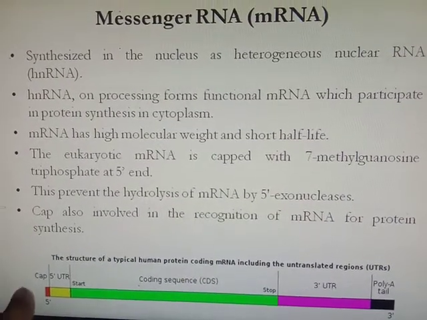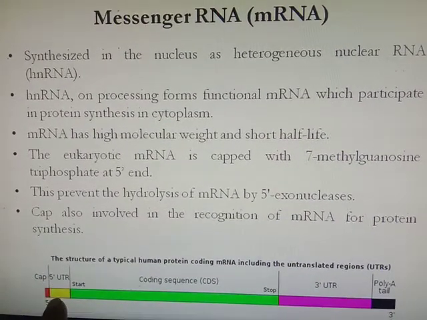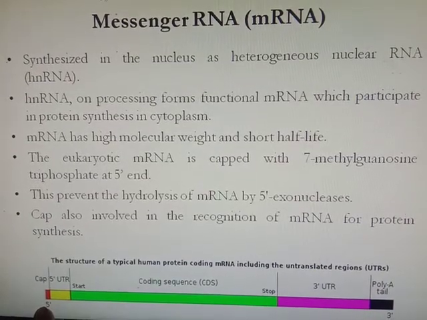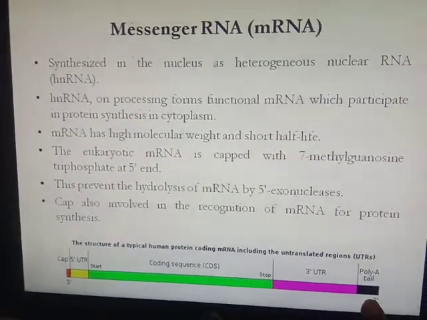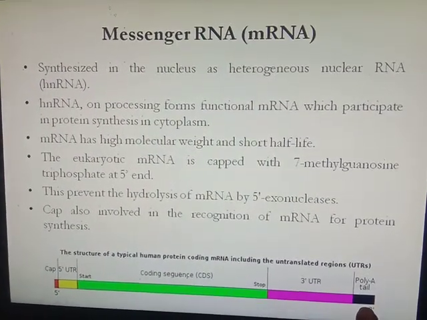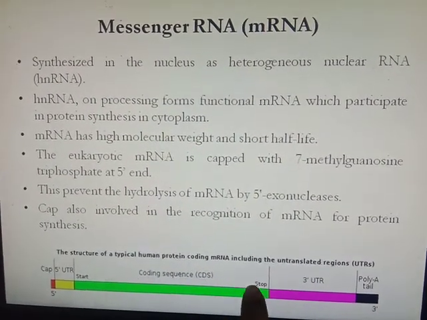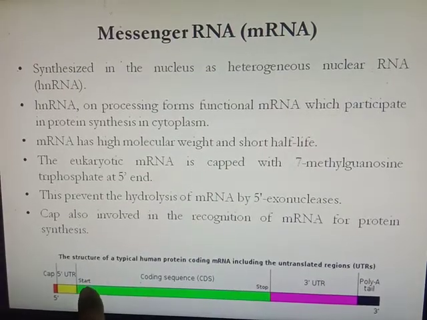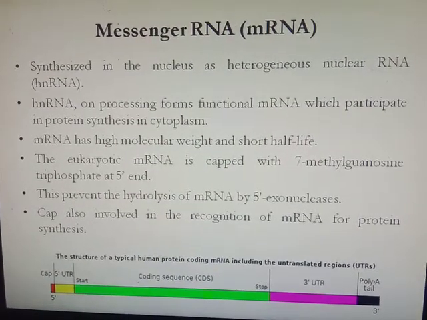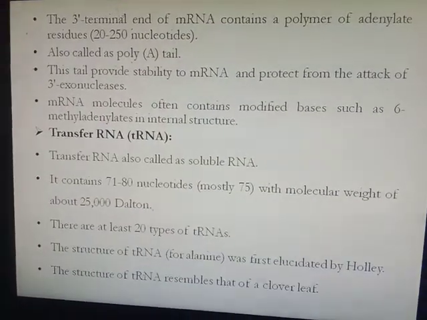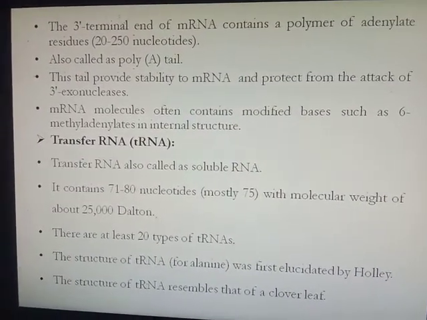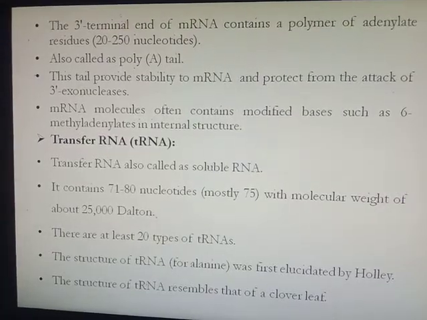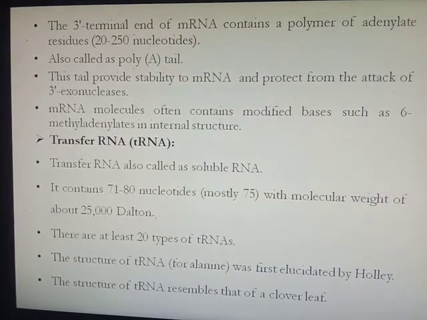So here at the 5' end there is a cap of 7-methylguanosine, and at the 3' end there is a poly A tail, means a number of adenine nucleotides are present. In between there is a codon sequence, from start to stop codon. The 3' terminal end of mRNA contains a polymer of adenylate residues, in the range of 20 to 250 nucleotides.